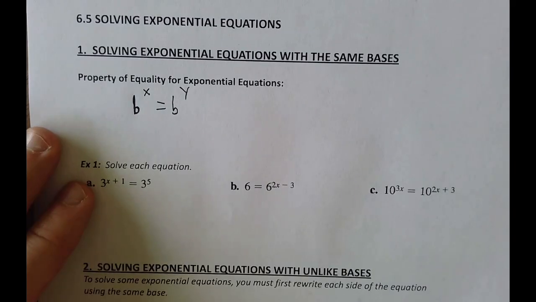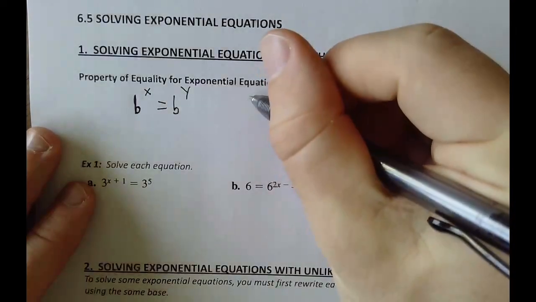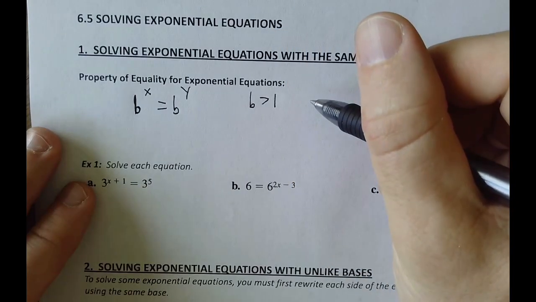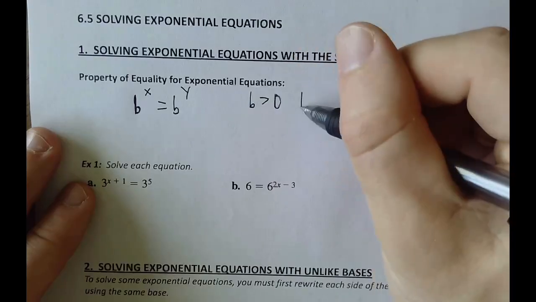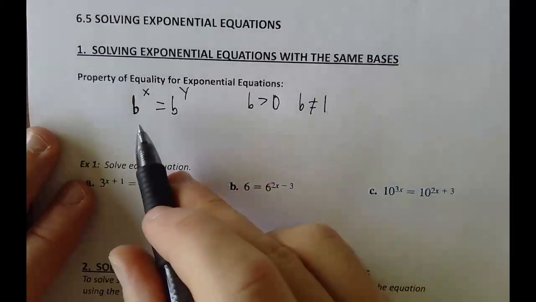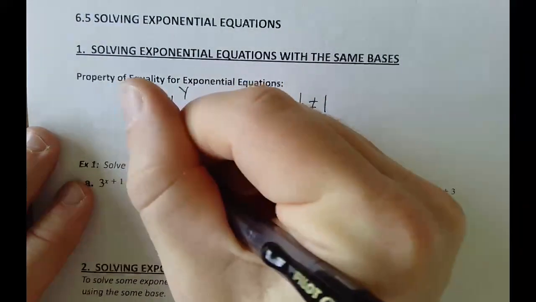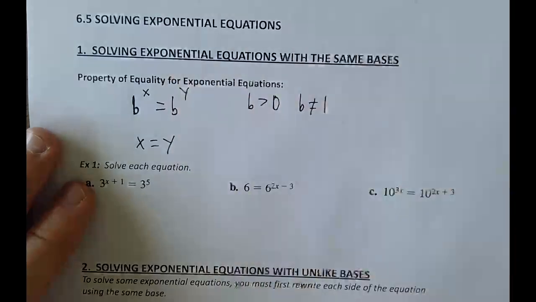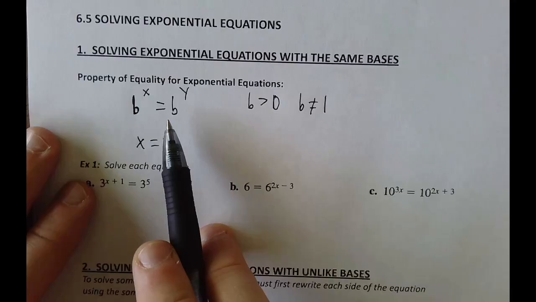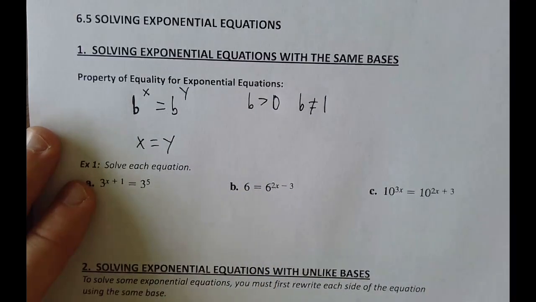There is an exception to this, where b must be positive, b must be greater than 0, and b cannot equal 1. But if b to the x equals b to the y, then x must equal y. So if we have the same base on either side, and they equal each other, then their exponents or powers must equal each other.